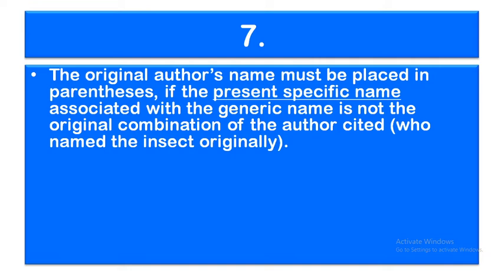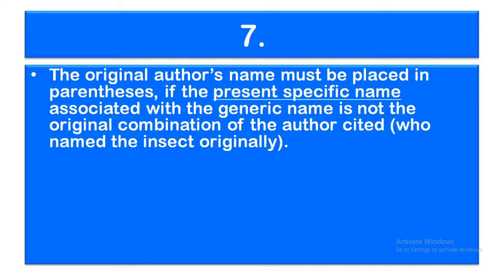Then in the 7th point, the original author's name must be placed in parenthesis, right? What happens when an author gives a name is that the name of that author will come after the genus and species name, and that will be placed in parenthesis later on if that combination of genus and species name has been changed. That is, if the present specific name associated with the generic name is not the original combination of the author cited, meaning who named the insect originally.